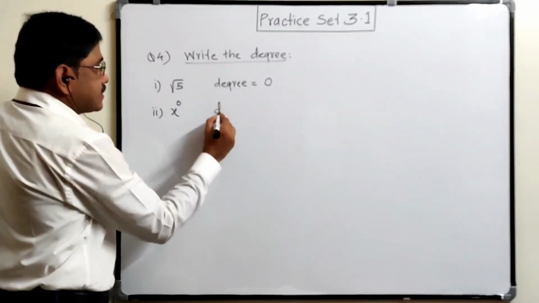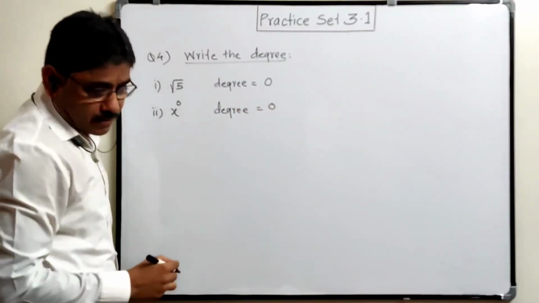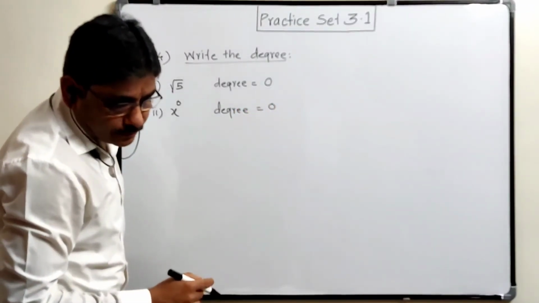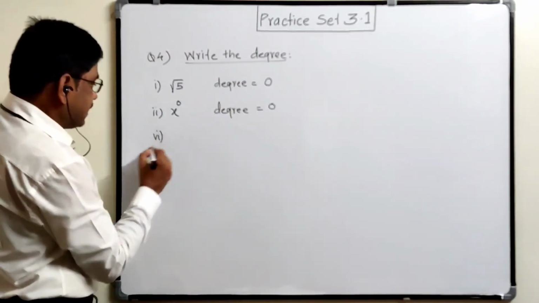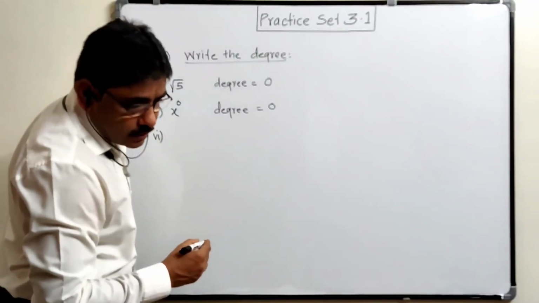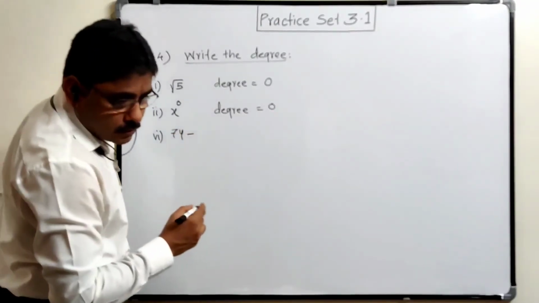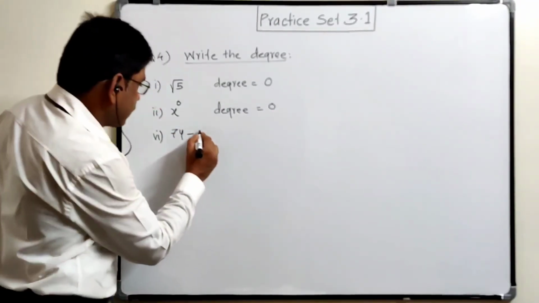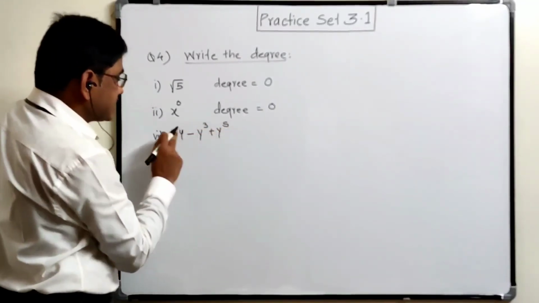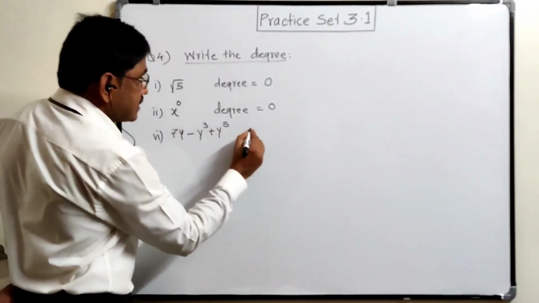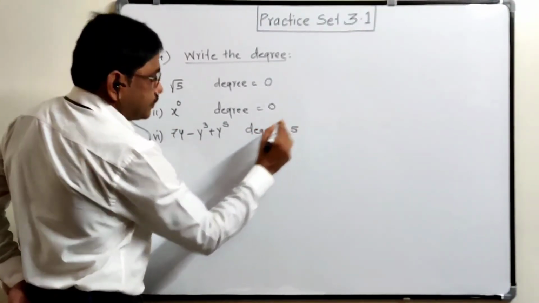So degree is 0 again. Now let us see sixth example directly. Here 7y minus y cube plus y raised to 5. The highest power 1, 3, 5. Highest is 5. Therefore degree is 5.